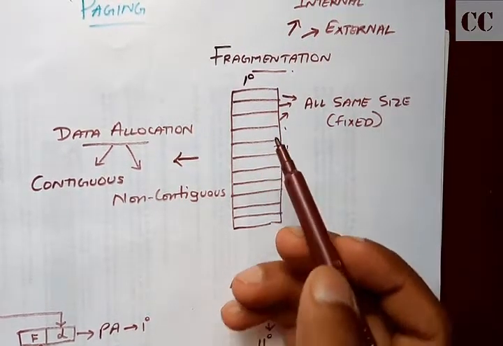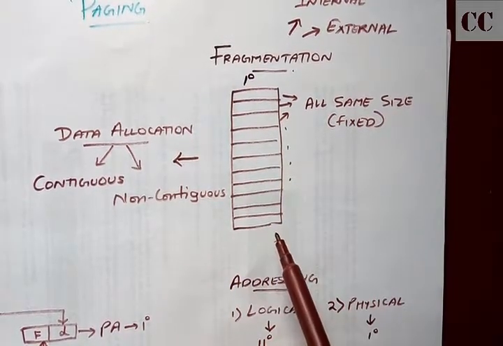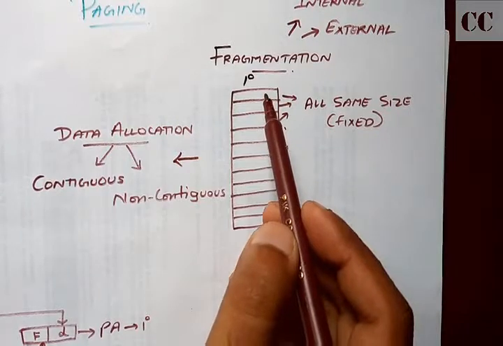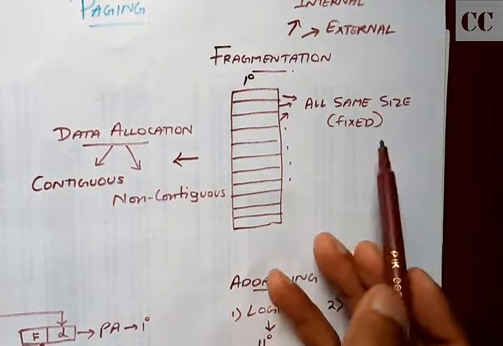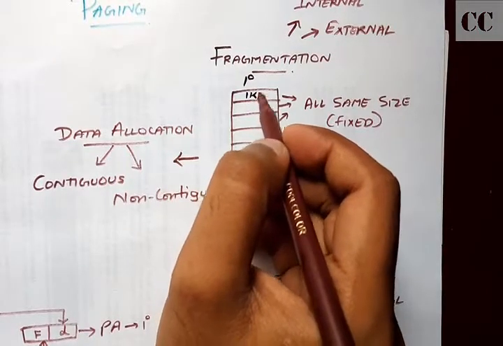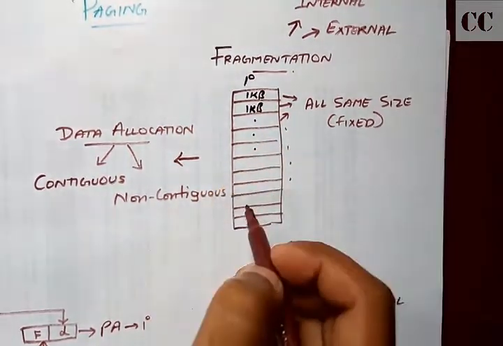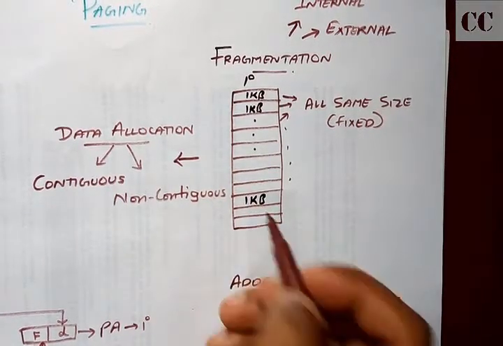Let us say we have already partitioned it into n sections, and each partition has the same size. If this partition can hold 1 KB of data, this will also hold 1 KB, and so on. All partitions will hold 1 KB of data.